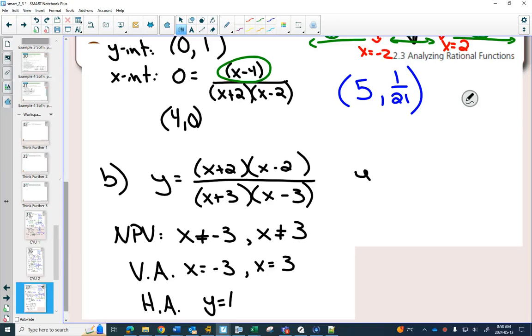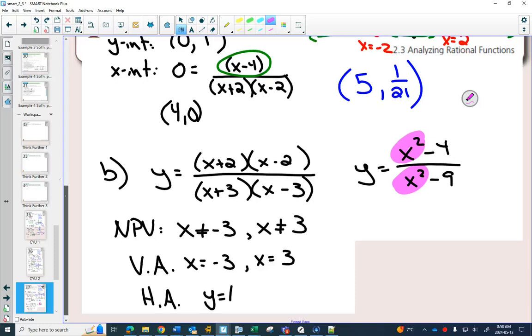So originally this was x squared minus 4 over x squared minus 9. Your highest power is an x squared there and an x squared there. 1 x squared over 1 x squared, 1 divided by 1 is 1. That will be your horizontal asymptote.